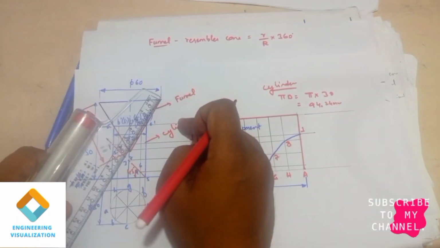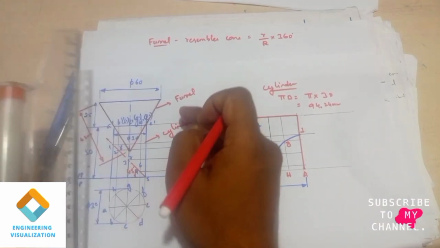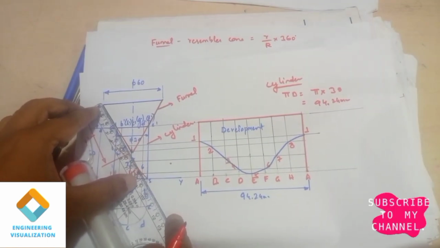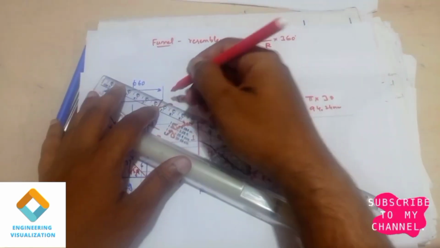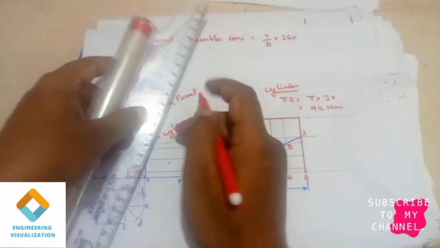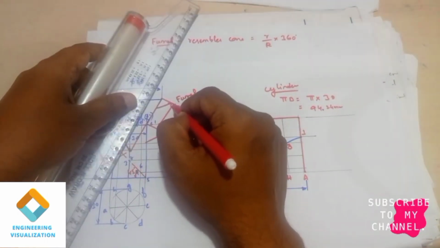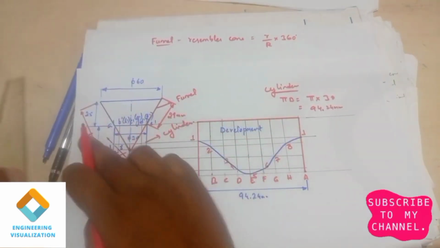We have the formula small r by capital R into 360 degree to find out the angle of inclination here. Okay, first I'll be finding this slanted length. So slanted length, it is 62, and that upper part which is visible to us will be around 22 mm. I think 29 mm it is, sorry.